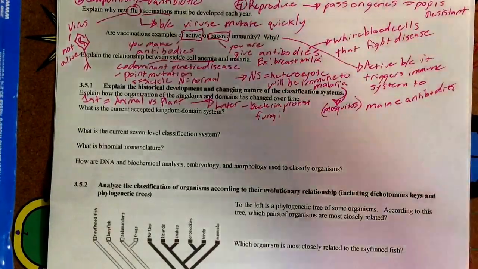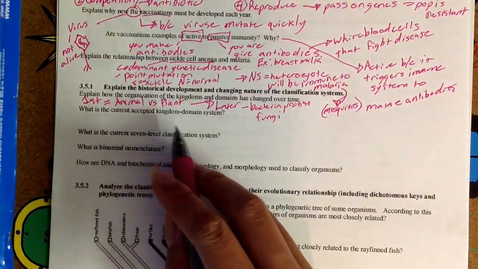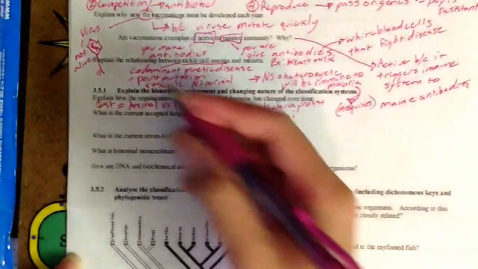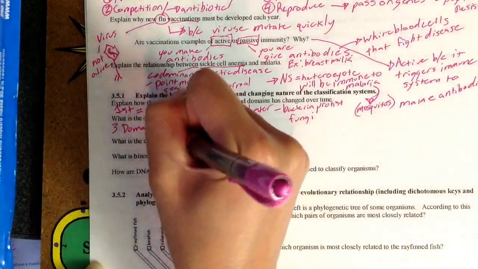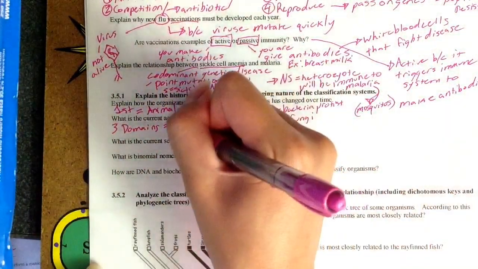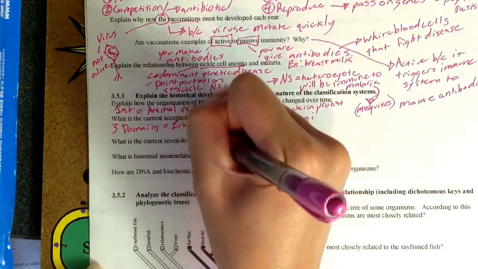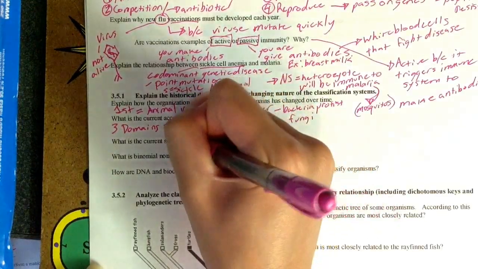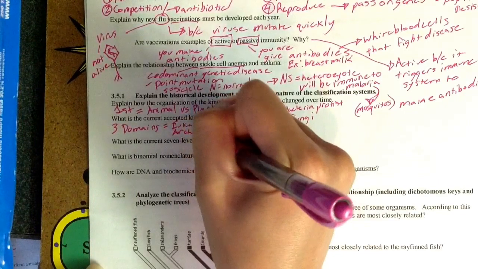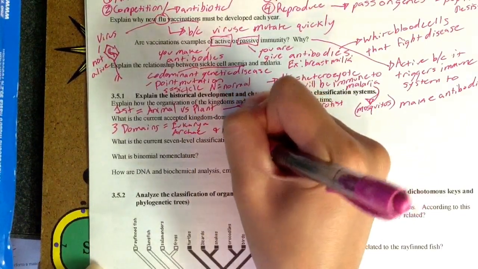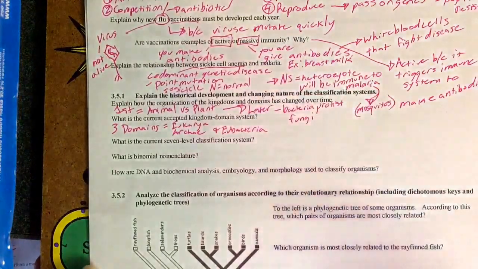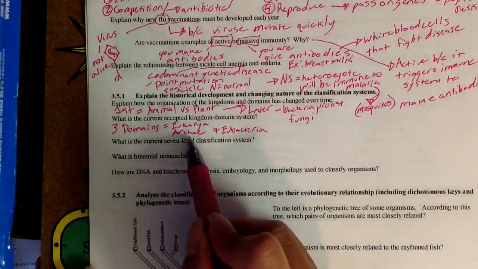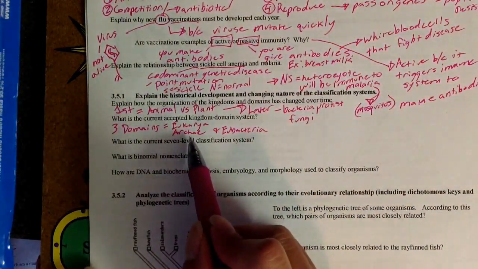And so, what is the current accepted kingdom domain system? Well, we have 3 domains. And the 3 domains are eukarya, archaea, and eubacteria. Okay? Hopefully you remember that archaea means that we have the archaebacteria.